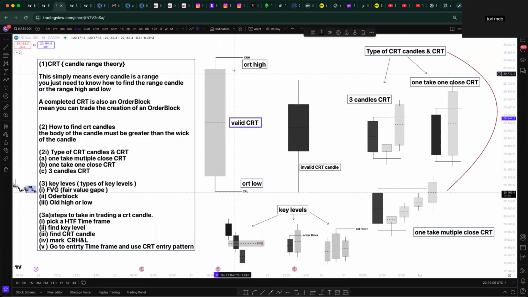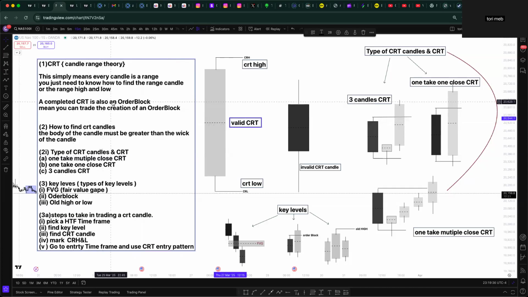There's a way you can know this is a CRT candle. Before we get to number two, I also want you to understand that a completed CRT, which you'll understand more later, is an order block. I have a video on my YouTube where I talk about completed CRT, so you can watch it to understand what I mean.